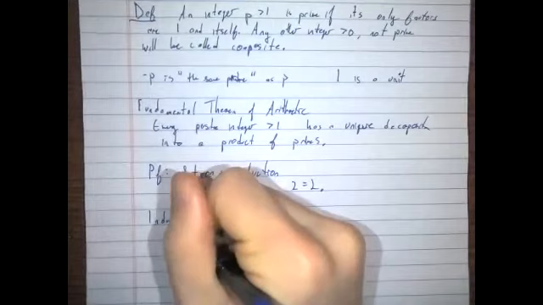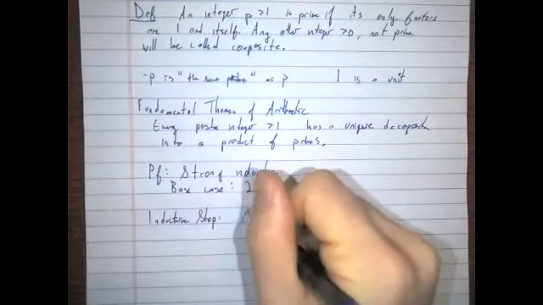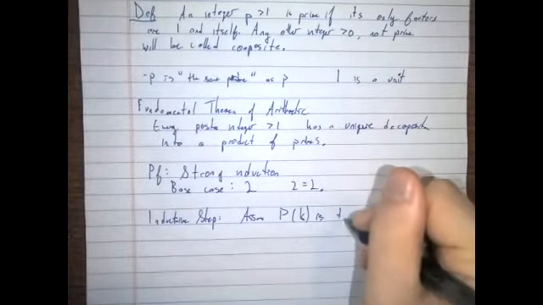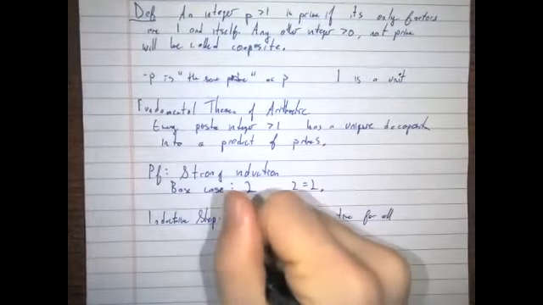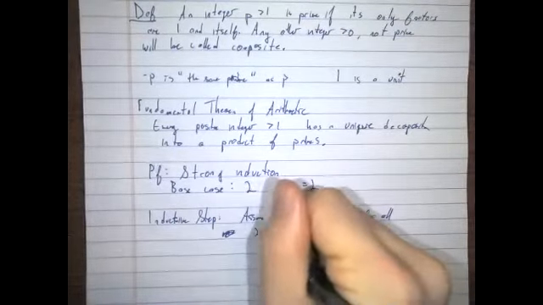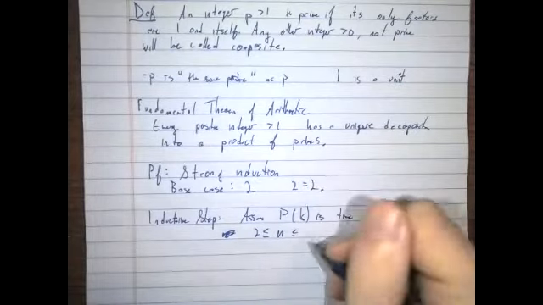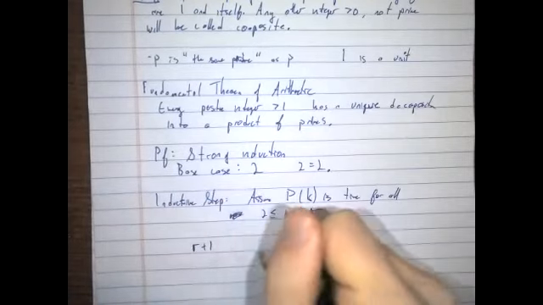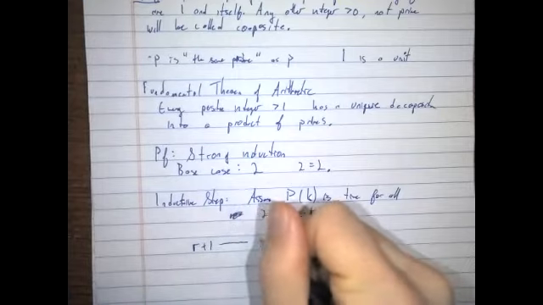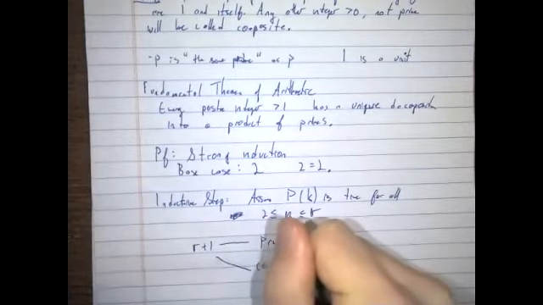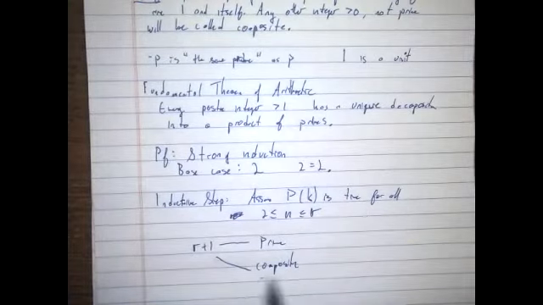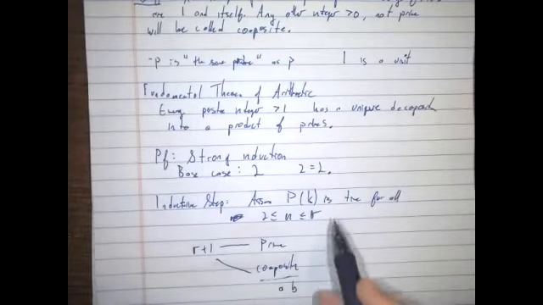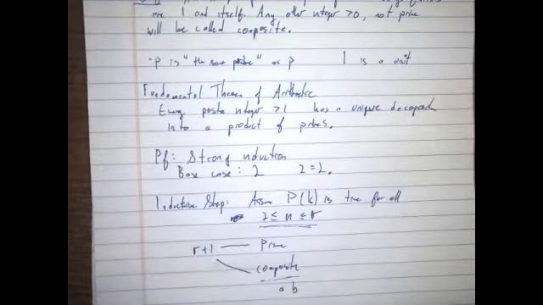or the inductive step, is you assume P of n is true for all n with 2 less than or equal to n, all the way up to, let's say, r. And then you examine the number r plus 1. And this is either prime or composite. And if it's composite, then its factors, a and b, will land you back inside this set between 2 and r.